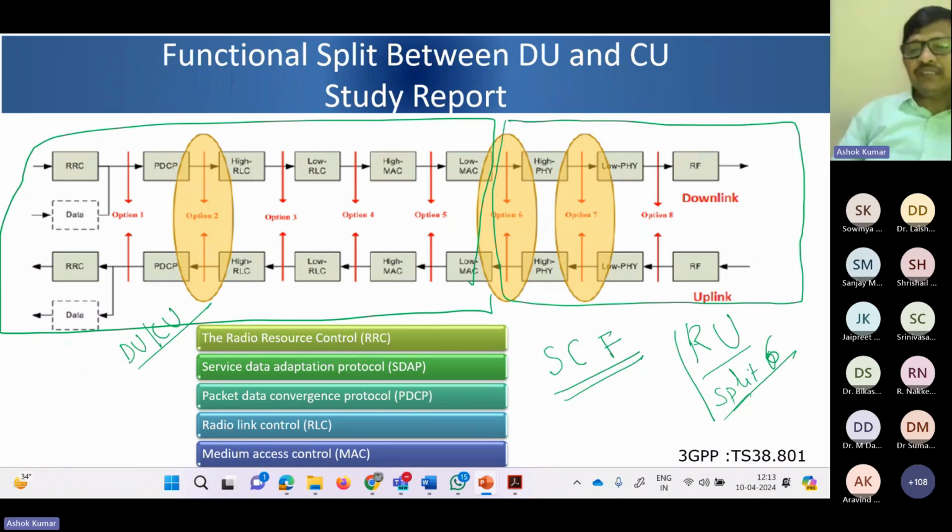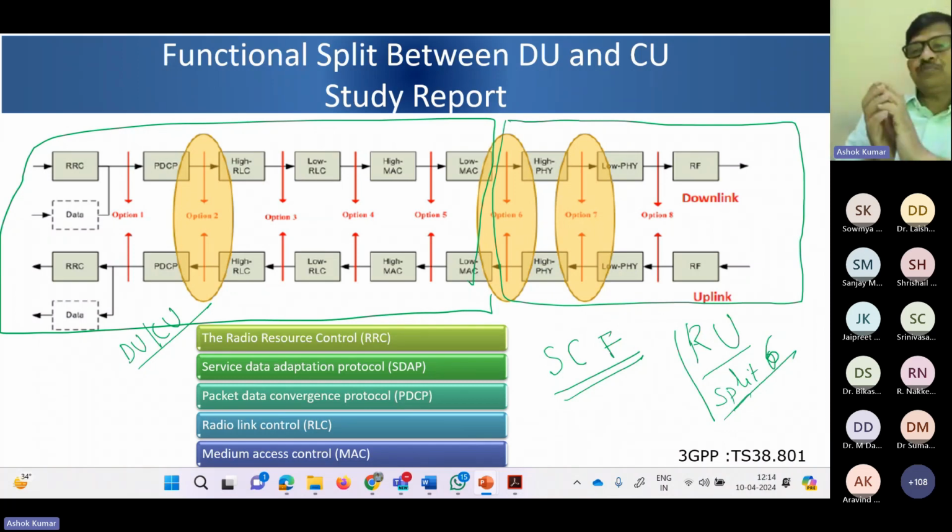One of the major considerations is the backhaul requirement. If you put option 7.2, where you are only putting the lower part of the physical layer at the RU, how much backhaul is required towards the DU?